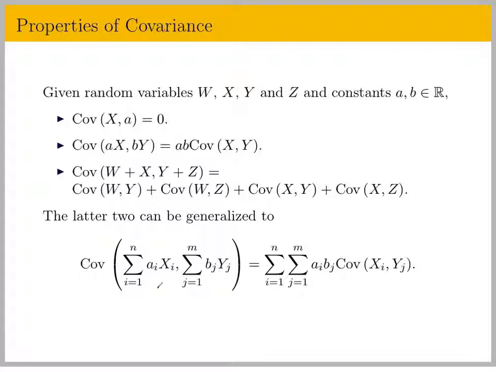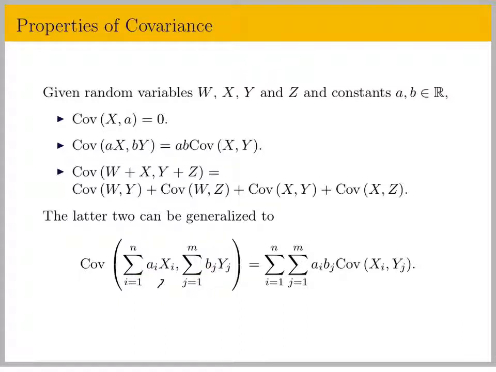So the latter two properties of covariance can be generalized to this. If we have n random variables, labeled x_i, and m other random variables indexed by j, which we call y_1 all the way up to y_m, all scaled by constants a_1 up to a_n and b_1 up to b_m, then we just sum all of the potential cross product terms multiplied by those constants.